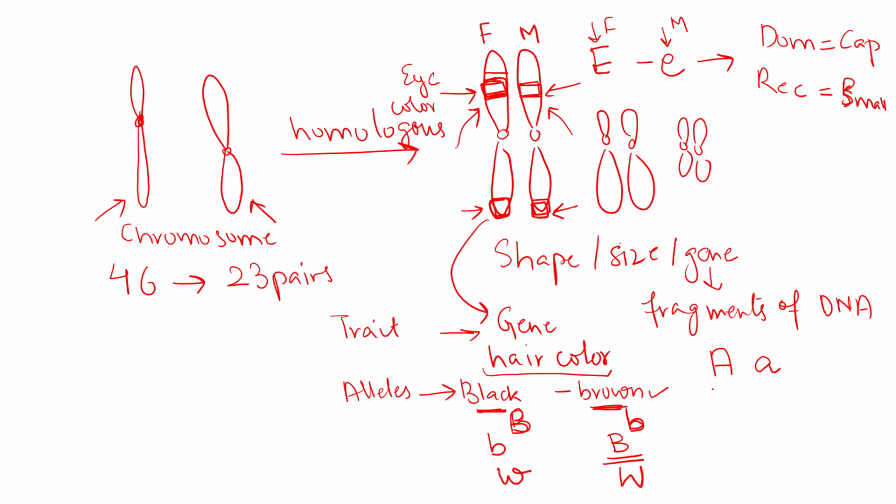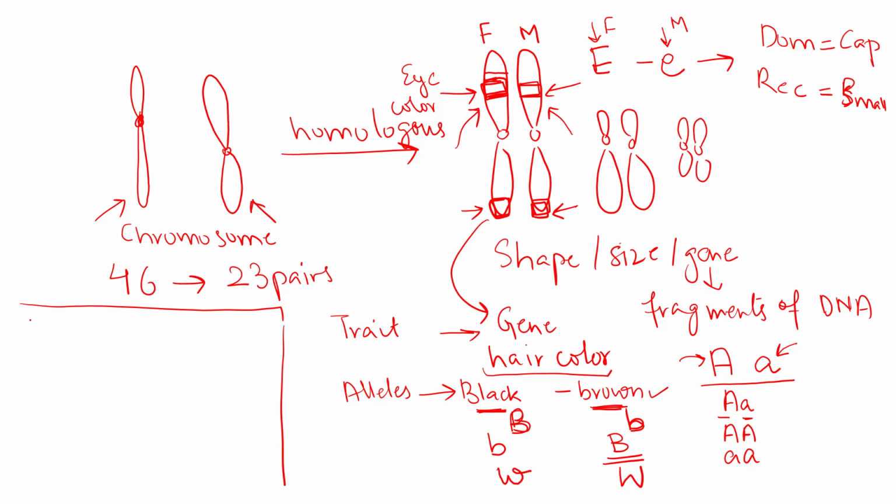The other thing is, now one gene has come from your father and one has come from your mother. The combination present in you can be one dominant, one recessive, or both dominant. Maybe both of your parents had the same allele, or both can be recessive. Maybe both of your parents have recessive allele in their genome for hair color. So what will be the options?